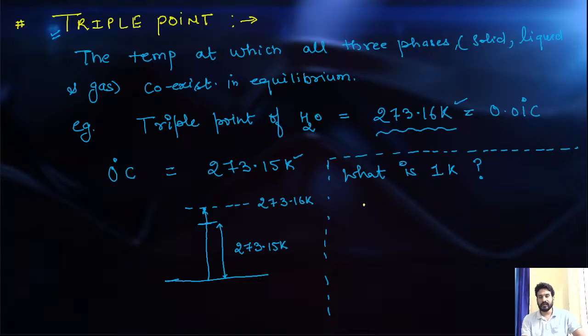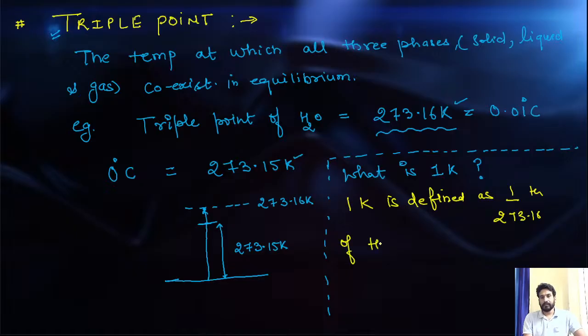So we can say that 1 Kelvin is defined as 1 by 273.16 of the triple point. Okay, is it clear to you?